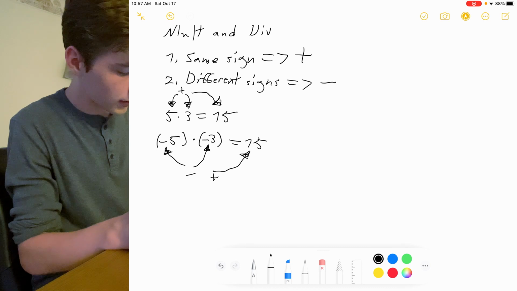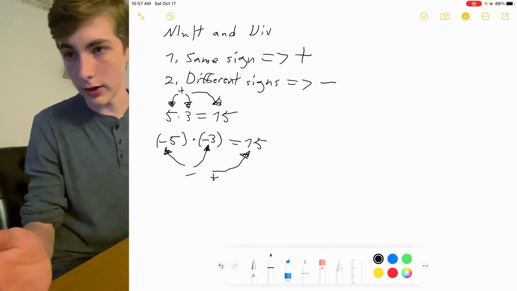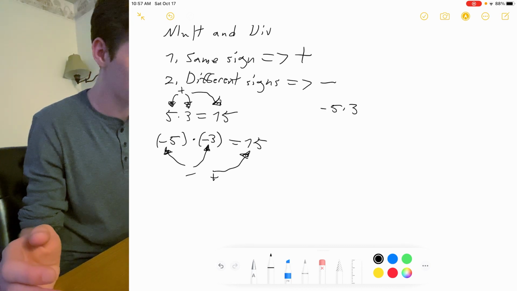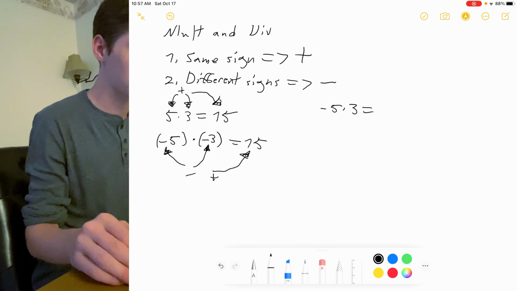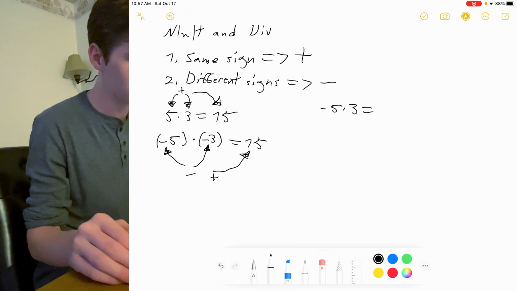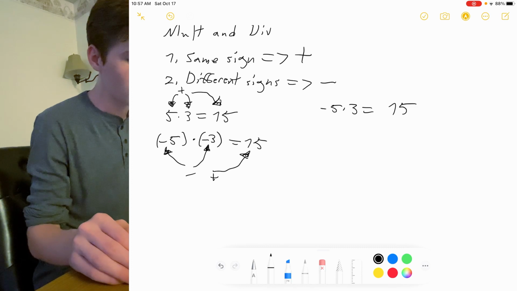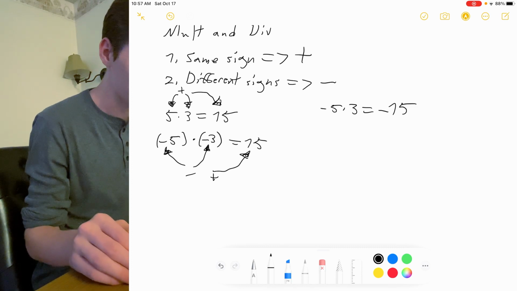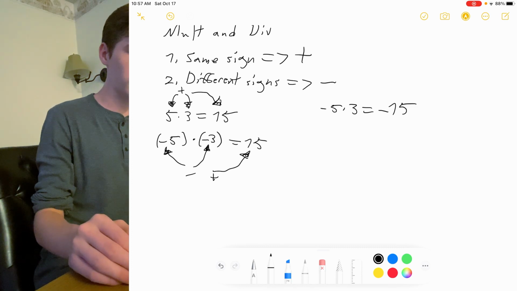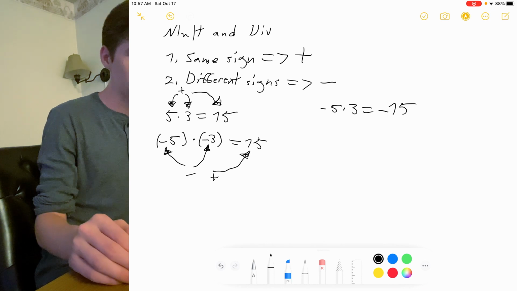If they have different signs, so let's come over here and say negative 5 times 3. If they have different signs, the answer is going to be negative. Otherwise, everything's going to be the same. We're still doing 5 times 3, which is 15. But because they have different signs, it's going to be negative, right? Because we only have one negative. It doesn't get canceled out by anything, so it carries through.